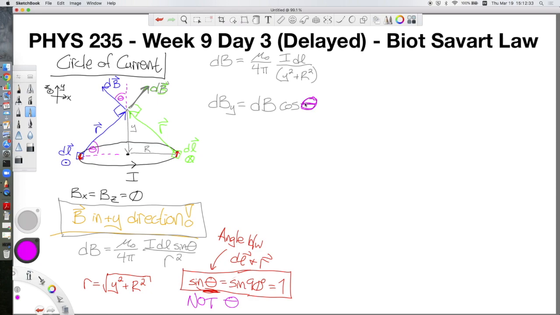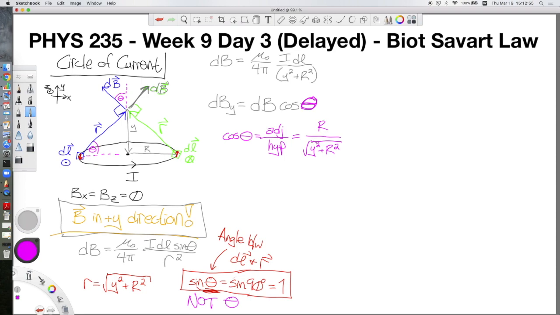So we can find an expression for cosine of theta as being adjacent over hypotenuse. And that becomes R over the square root of y squared plus big R squared.